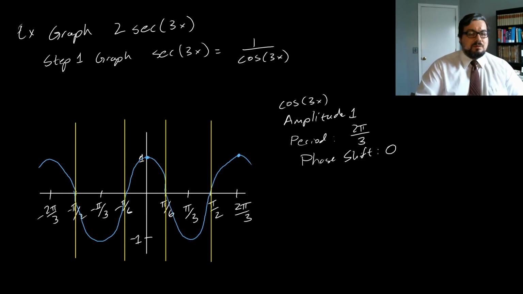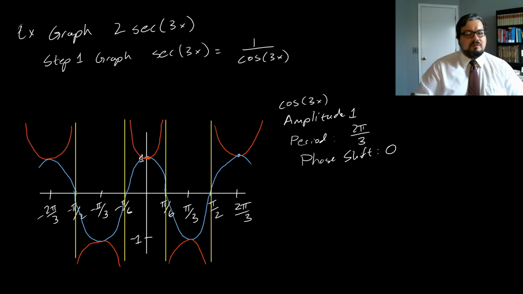And again, we're going to want to graph out what secant 3x looks like by bringing a horseshoe shape down that barely touches the graph of cosine right at the peak and the valley. So here's y equals secant 3x.